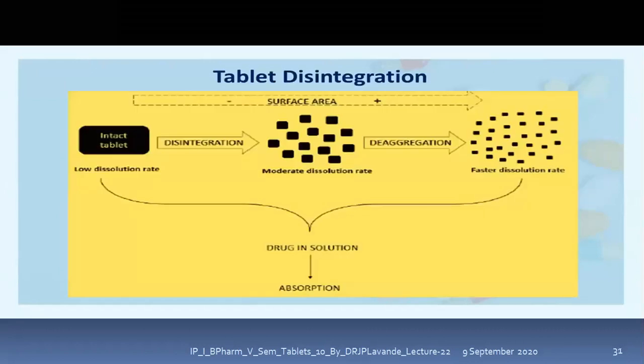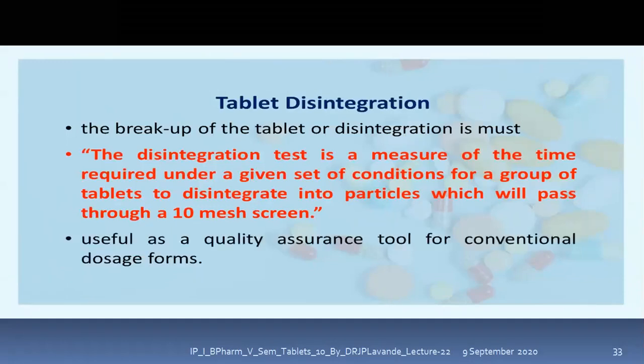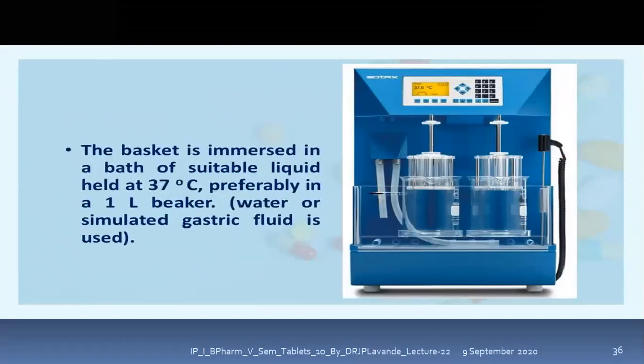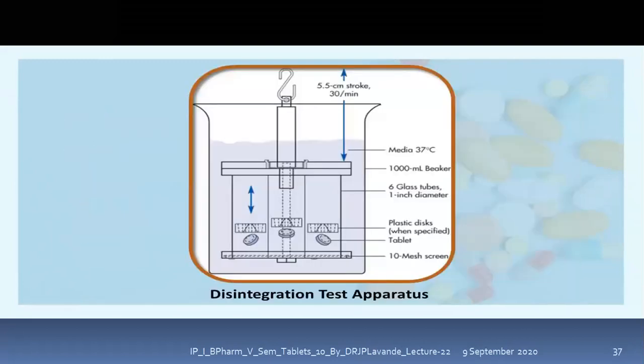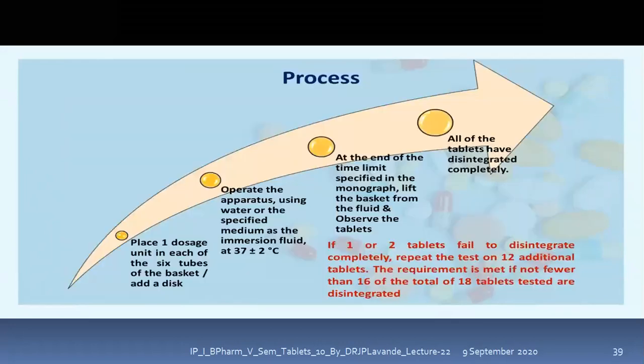Later we saw the disintegration, and while studying the disintegration we had defined it, the verbatim word to word definition. This is the apparatus which is used for the process of disintegration. This we already had gone through. It consists of 6 different plastic tubes, its volume, and all construction measurements and specifications we already saw in our previous lecture.